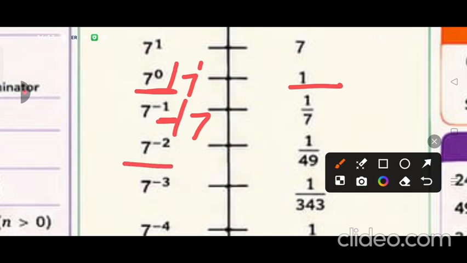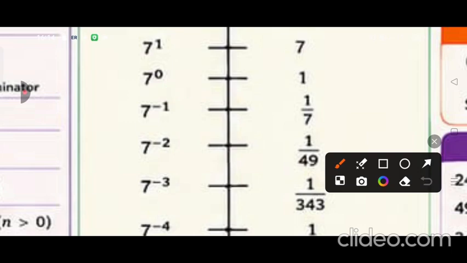And this will become 1 upon 7 square, and 1 upon 7 square is written as 1 upon 49. Similarly, 7 raised to the power minus 3 is written as 1 upon 343. 7 raised to the power minus 4 is written as 1 upon 2401.